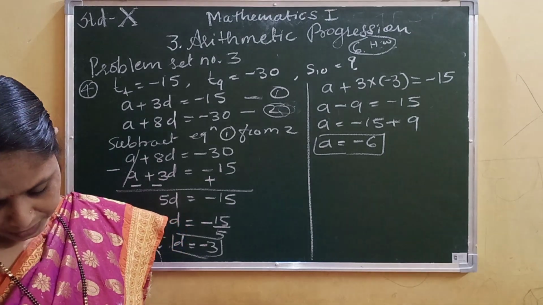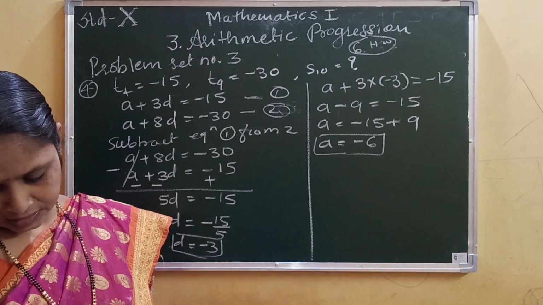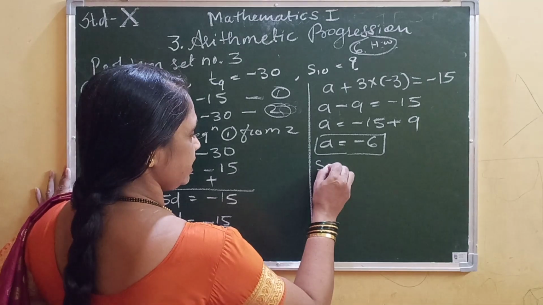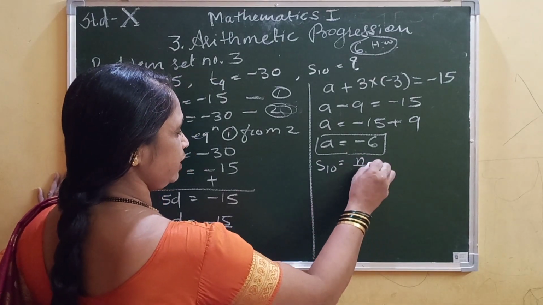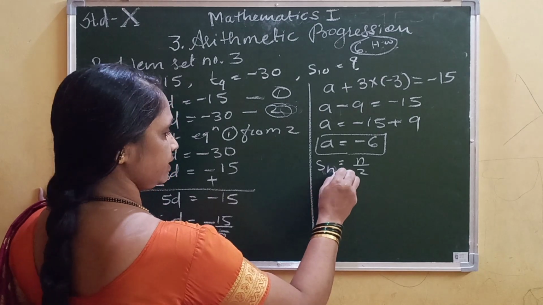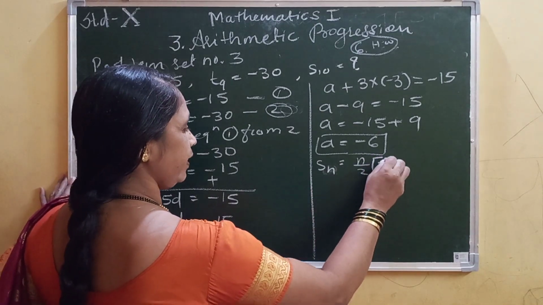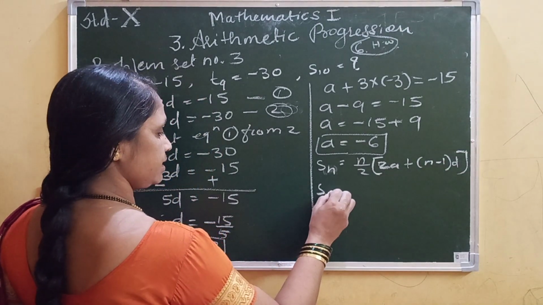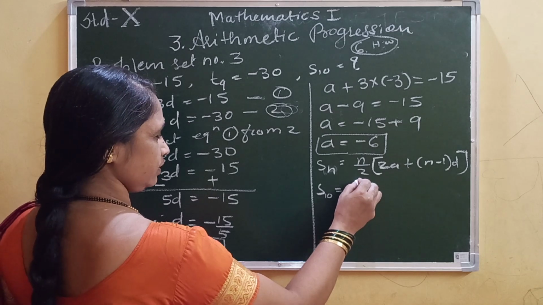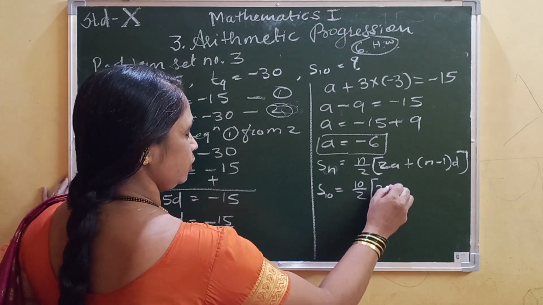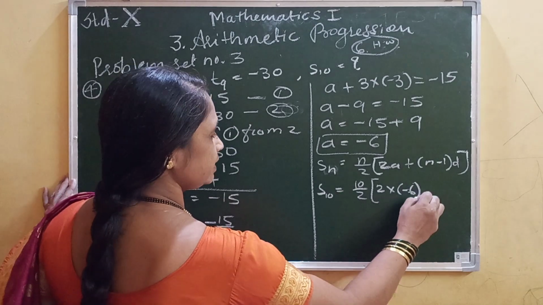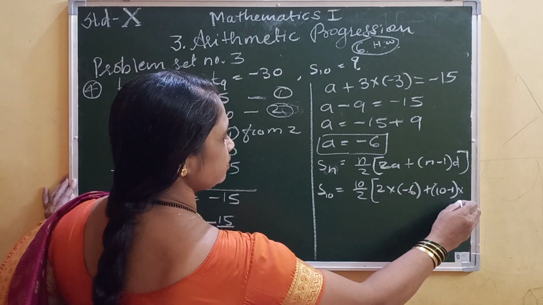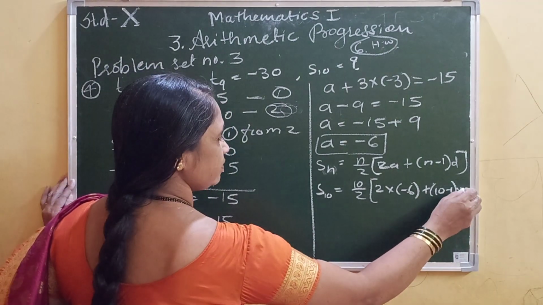Now next, find the sum of first 10 terms, means Sn we have to find out. So S10 is equal to n by 2. This is the Sn formula, right? Sn is equal to n by 2 into 2a plus n minus 1 into d. So S10 is equal to 10 upon 2 into 2 into minus 6 plus 10 minus 1 into minus 3.